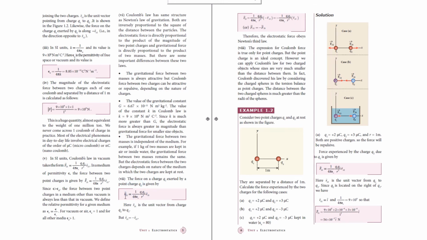So what is the Coulomb's law here? 1 by 4 pi epsilon naught Q1 Q2 by r square r cap 21, and here this r cap 21 is the unit vector from Q2 to Q1. And this r cap 21 you can also write as minus r cap 12. So it is very clear that vector F12 is equal to minus vector F21.